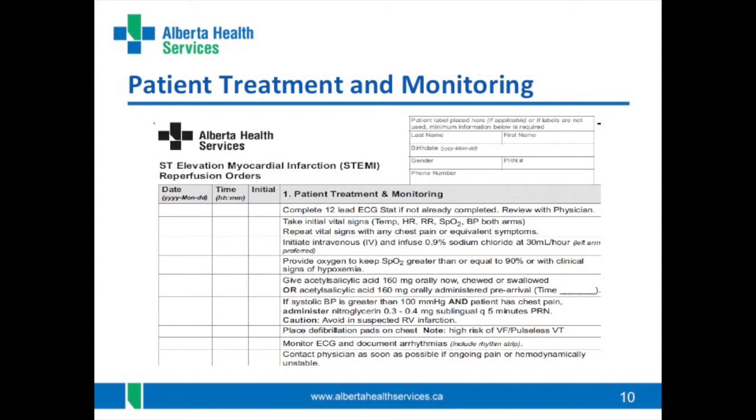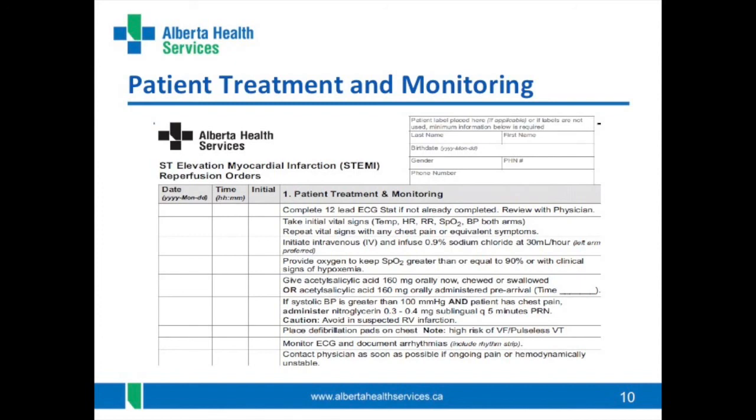This is according to best available evidence and has changed from previous protocols, in that we now recommend that oxygen only be given if SATs are less than 90%. If you have a patient that has O2 SATs of 90% or greater, they do not require oxygen therapy.